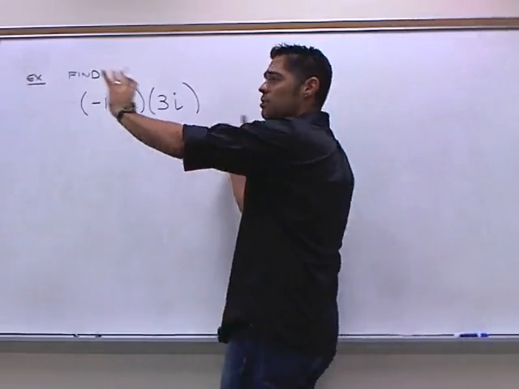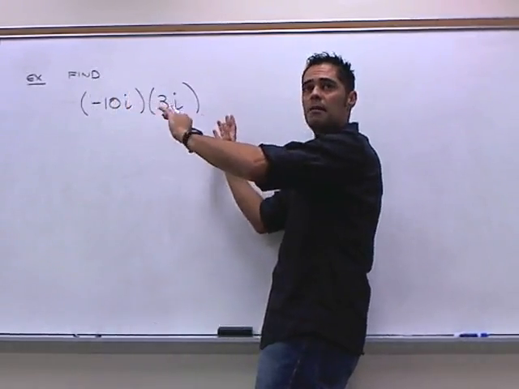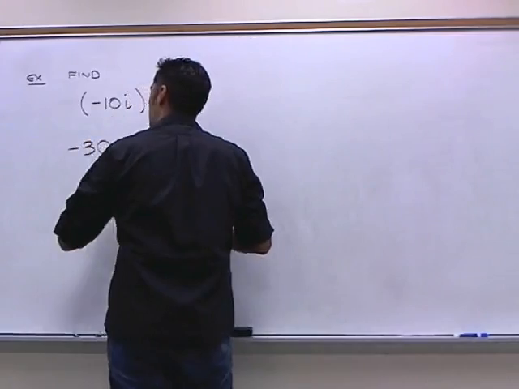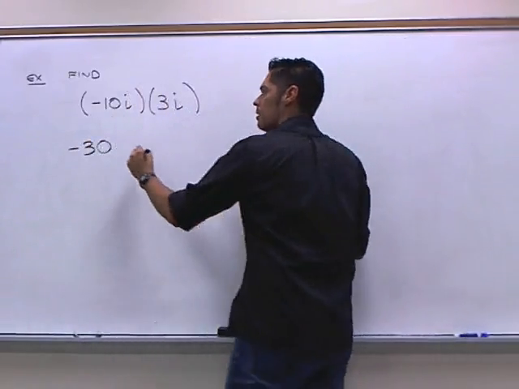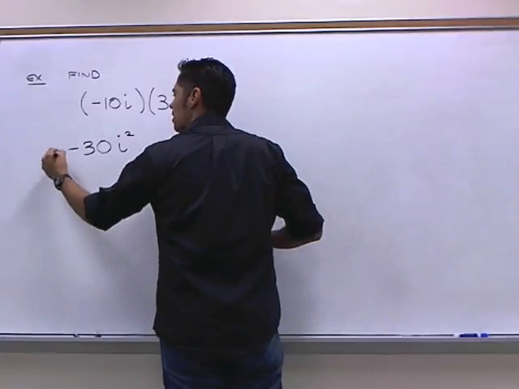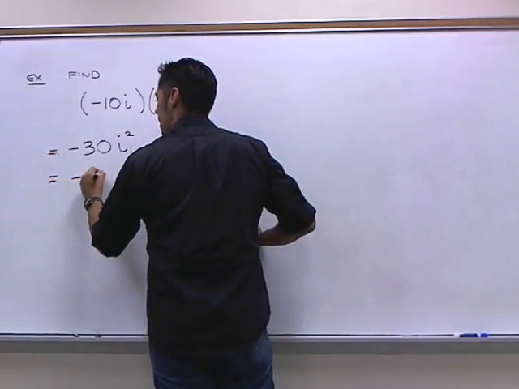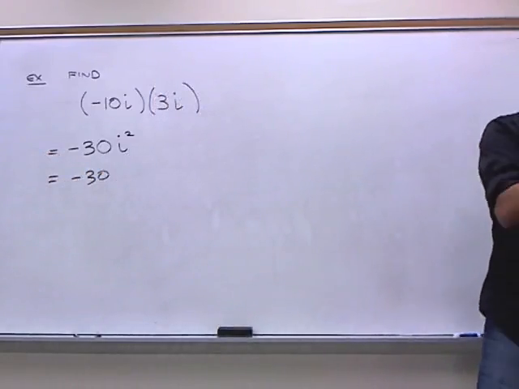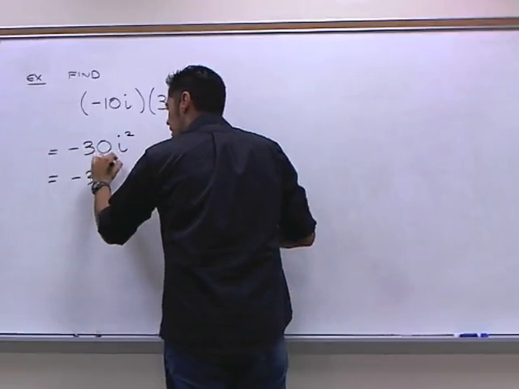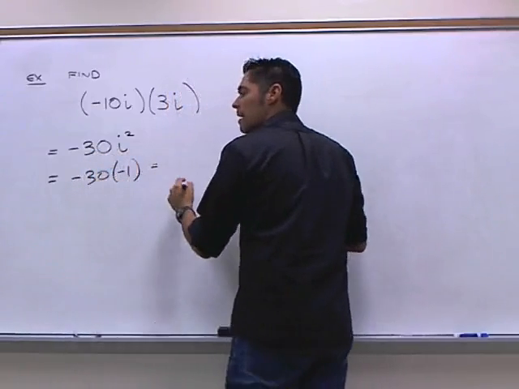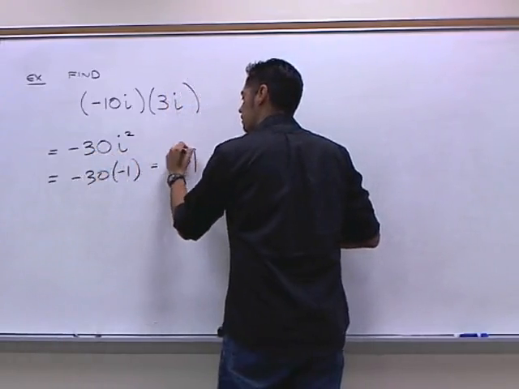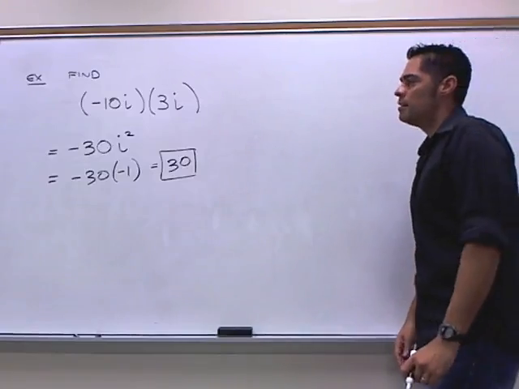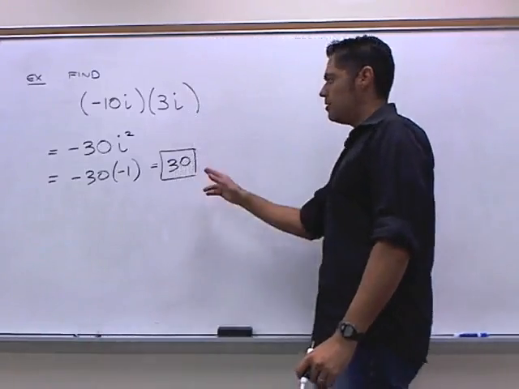Okay, so you're going to do all multiplication here, right? There's no addition signs anywhere. So do your -10 times 3, and that would be -30. And what would i times i be? i squared. Well, what did we just say i squared was? -1. So this is going to be -30 times i squared, which is -1. Multiply negative times negative is positive. Your answer is 30. So -10i times 3i is 30.